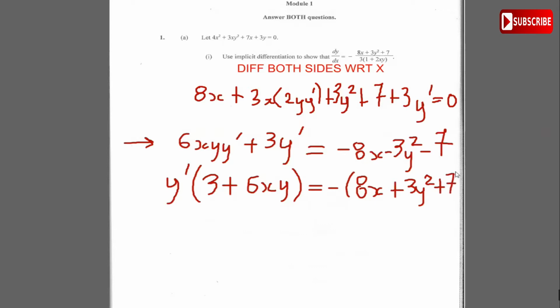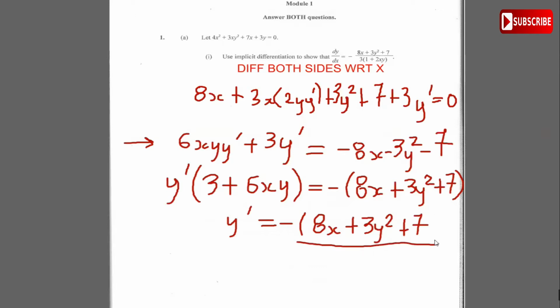And so what do we do now? All we can do now is divide through by 3 plus 6xy. And so that means that y prime is equal to minus, in bracket, 8x plus 3y squared plus 7, divided by 3 plus 6xy, but in 3 plus 6xy I can factor out a 3.